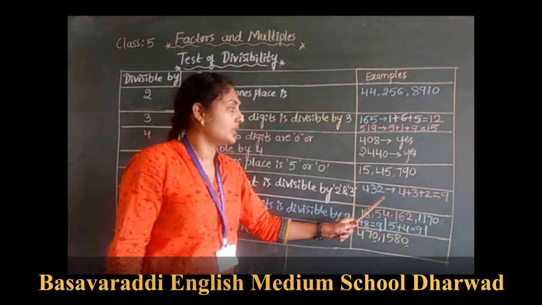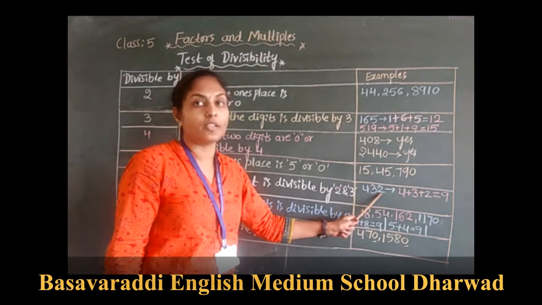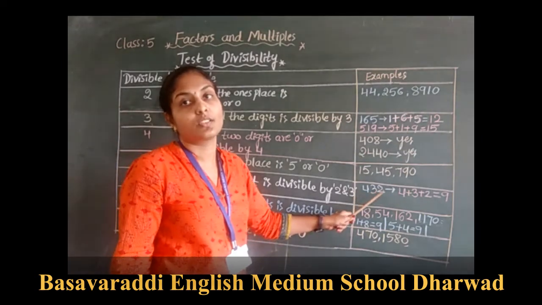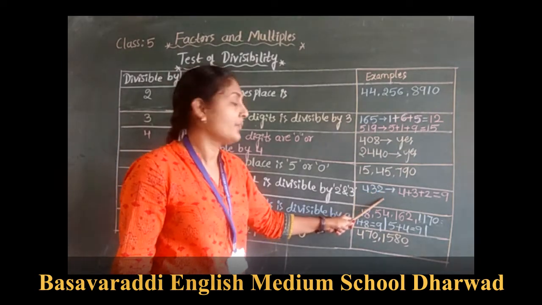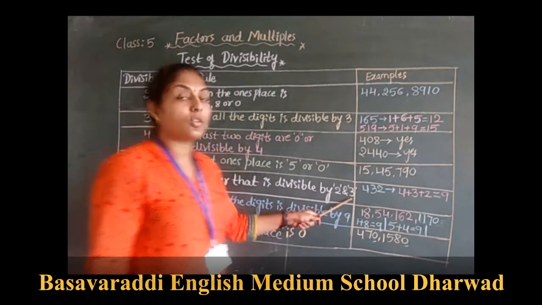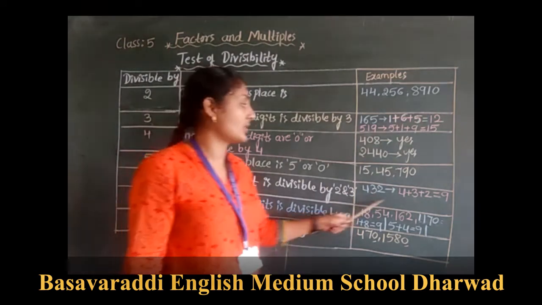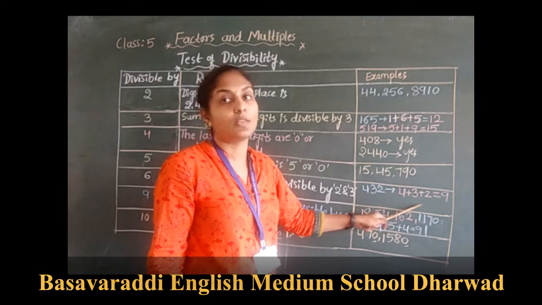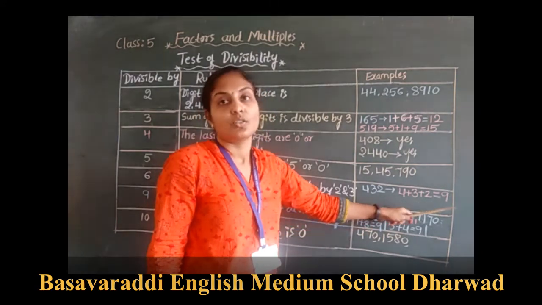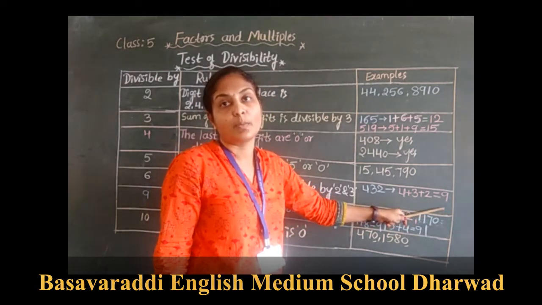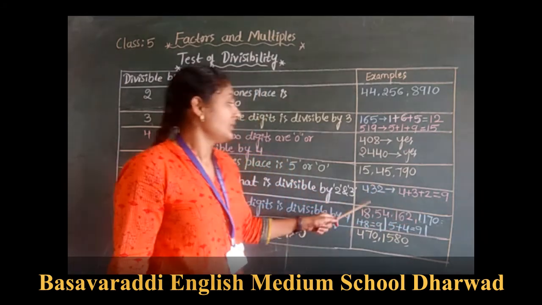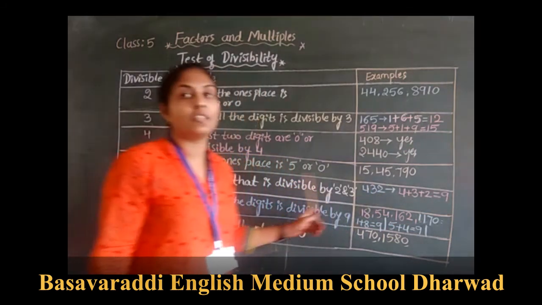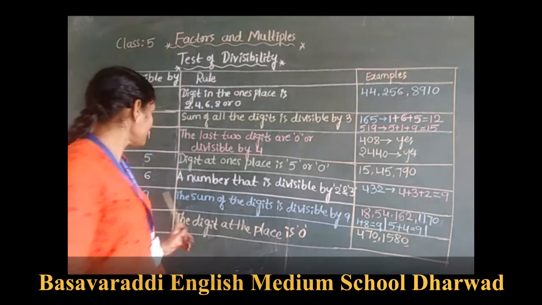For 432, the last digit is 2 there, so the second rule is applied for 432, and we have to apply the third rule also. Yes, what is the third rule there? The sum of all digits, 4 plus 3 plus 2, we get 9. So 9 is also divisible by 3 there. So 432 is divisible by 6.